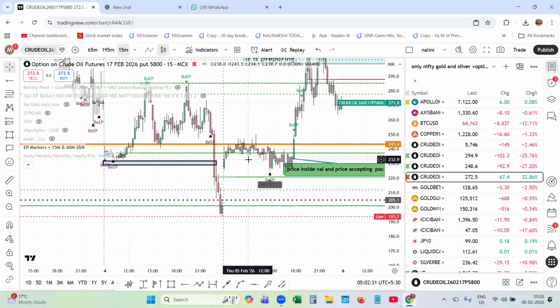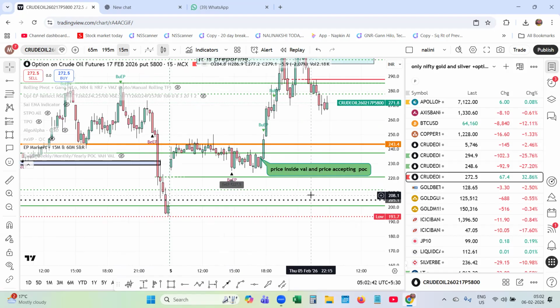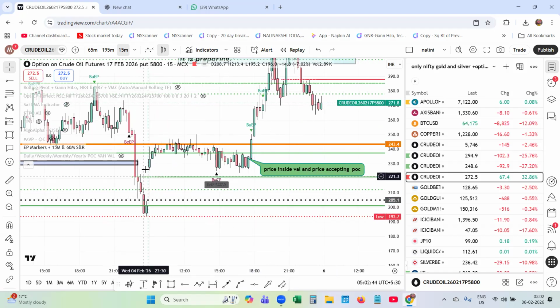So market moved higher and it came to this EP area and it started stalling over here, and you can see the bearish EP was forming over here. Bearish EP where nothing had formed, bearish EP has formed.